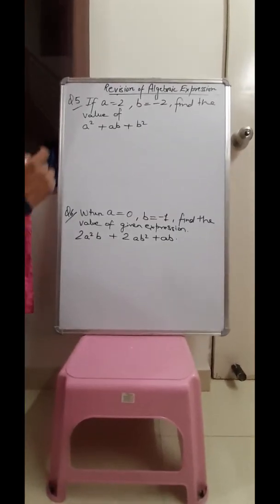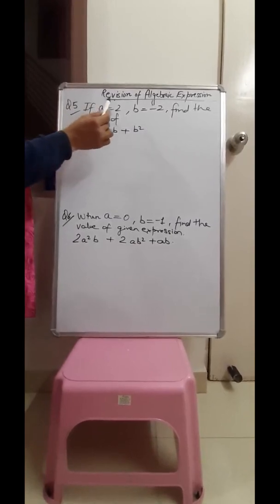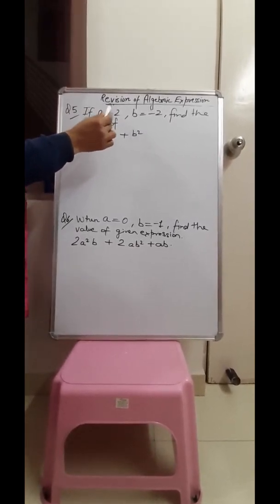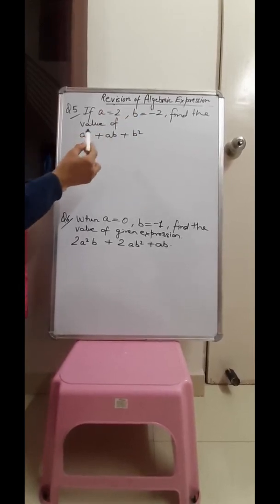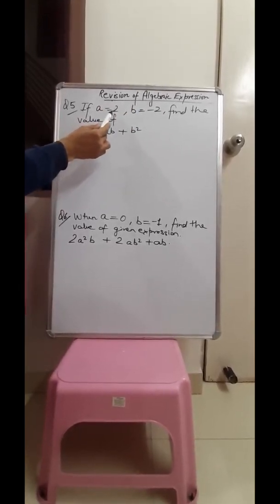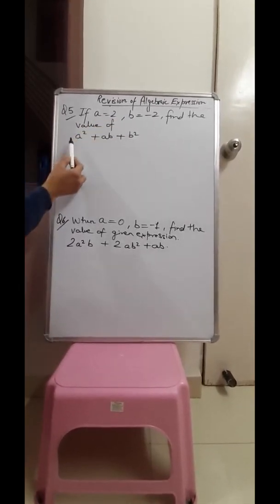Now students, in question number 5 we have been given that if a equals 2, b equals -2, find the value of the expression. Here we have to take the value of a as 2 and b as -2 and put the values of a and b in this expression.